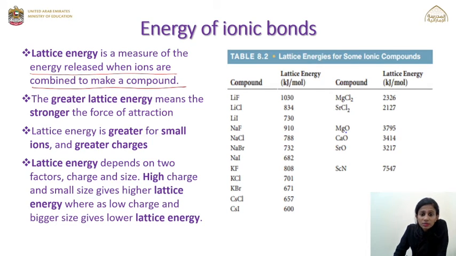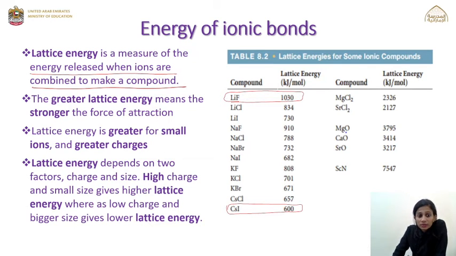If you see this table, you have lithium fluoride with a lattice energy of 1030 kJ per mole and cesium iodide with 600 kJ per mole. So this difference tells us that lithium fluoride has stronger bonds when compared to cesium iodide.